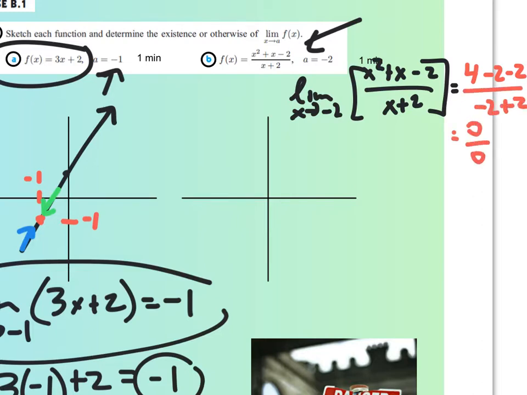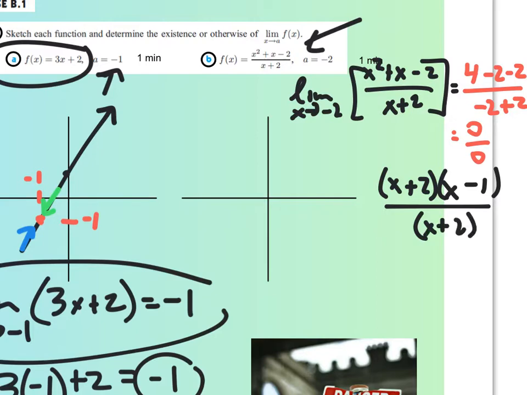There's some funny business going on because I get 0 over 0. Therefore, my first method would be factor and cancel. So on the top, I'm going to factor, and it looks like I'd get x plus 2 times x minus 1. There's an x plus 2 in the denominator, so it looks like there's a hole at -2 conveniently.